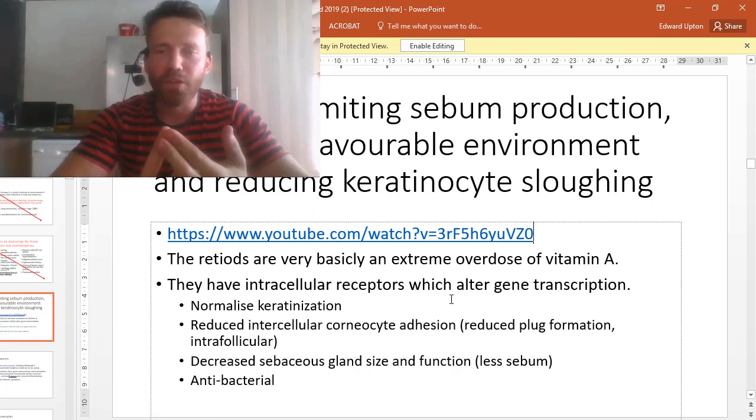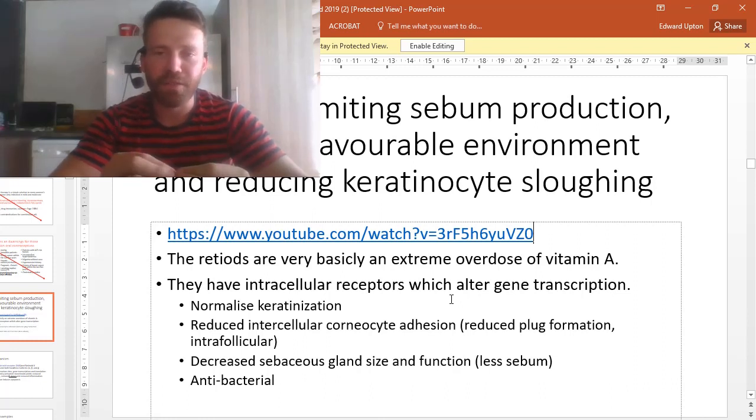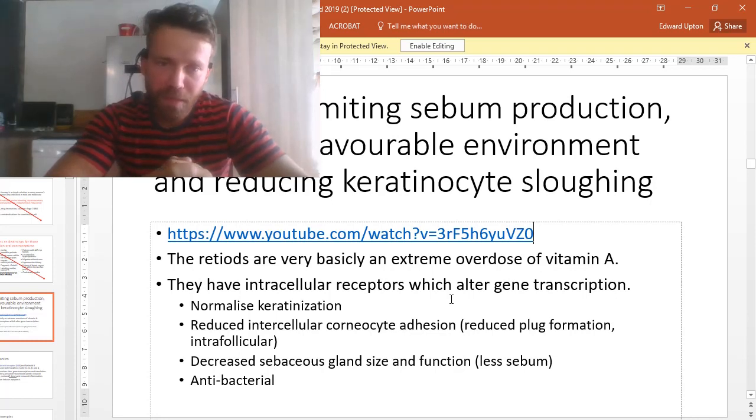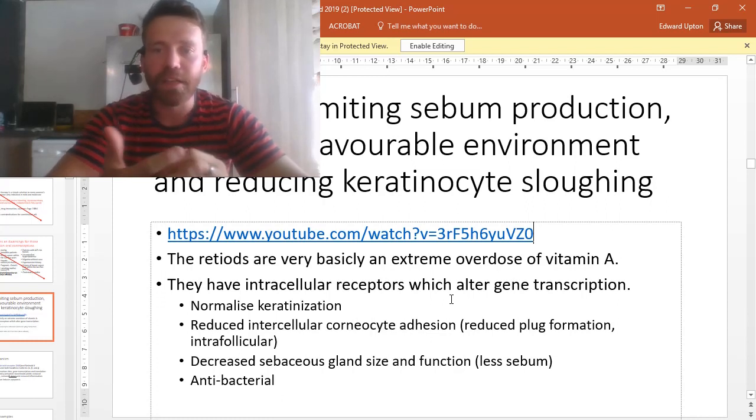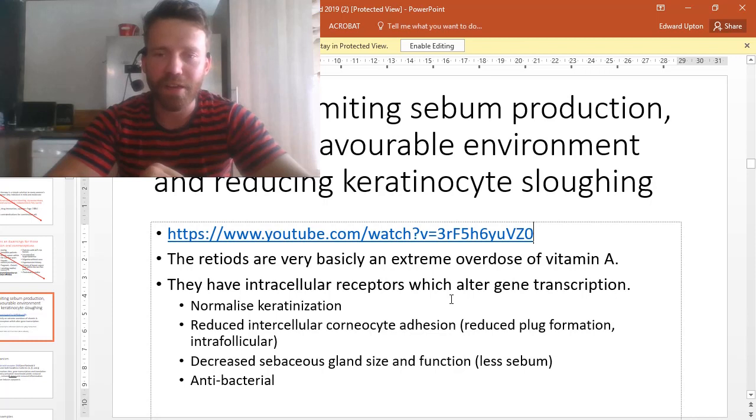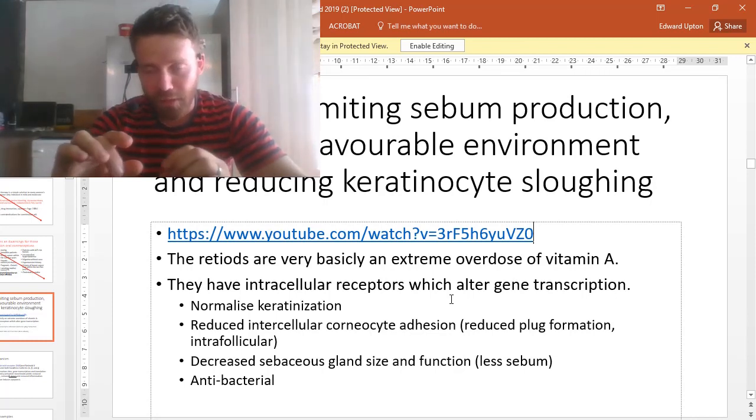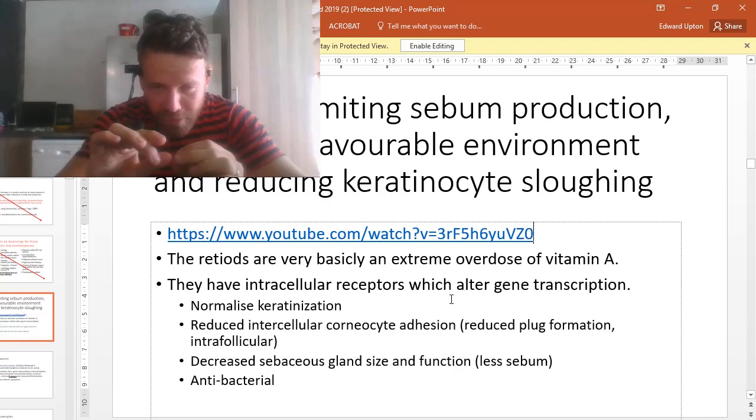Reduced intracellular corneocyte adhesion. Remember, as they adhere to each other, they start forming a thick plug inside the follicle. So if we reduce the amount of adhesion between these corneocytes after they shed, there's less chance of a plug forming. And then they decrease the sebaceous gland size and function. This has to do with the retinoic acid receptor on the genes themselves.